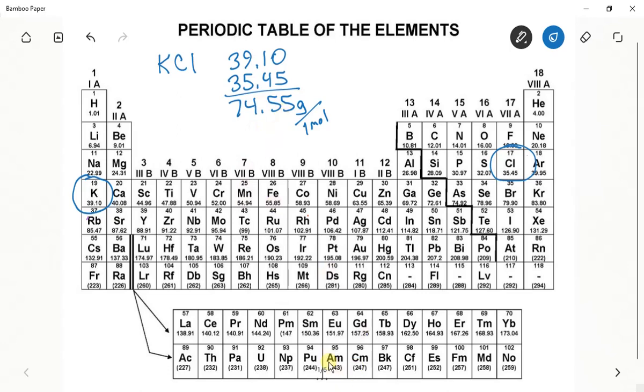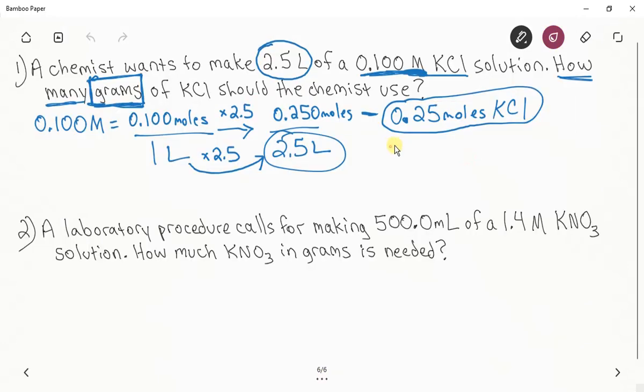Let's go back to our practice page now. So 74.55 grams of KCl is equal to 1 mole of KCl. But we only have 0.25 moles to use of KCl.